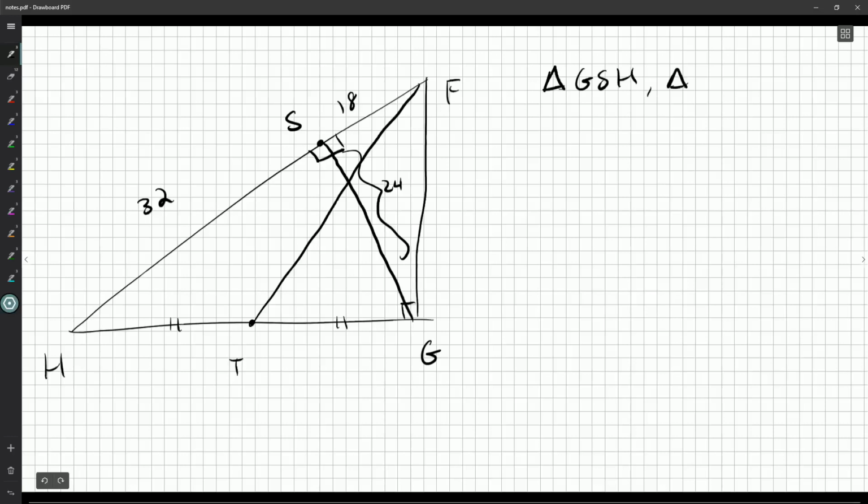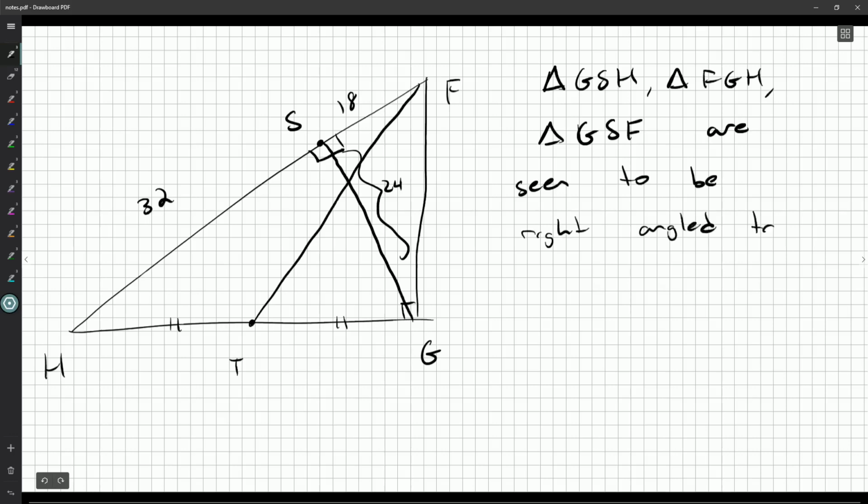FSH, FGH, and let's say GSF are seen to be right-angled triangles.